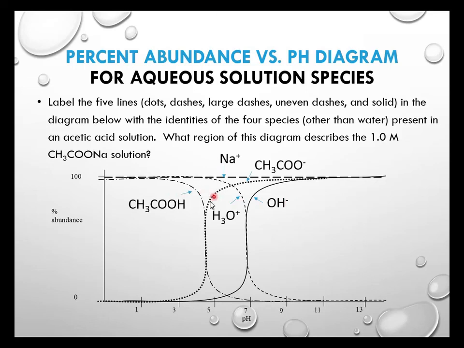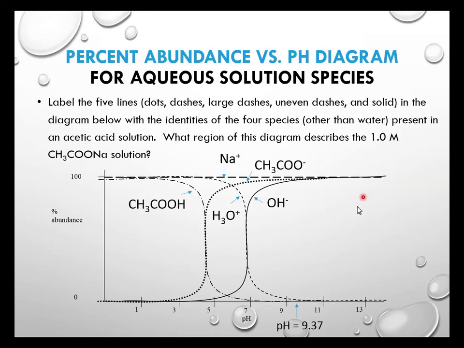The acetic acid and acetate are always going to cross at the pH equals pKa place, and the acetic acid will always be the abundant species at low pH, and the acetate will always be the more abundant species at high pH. That leaves the only other species that's floating around in this solution besides water as the sodium cation, and it doesn't change with pH. It's 100% abundant at all pHs because it doesn't have any acid or base properties. It's just a neutral cation.